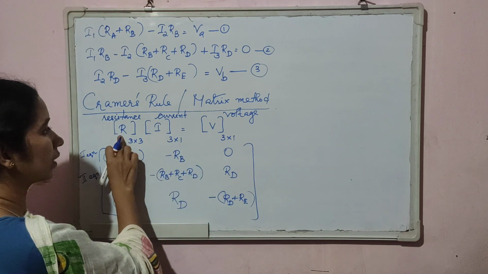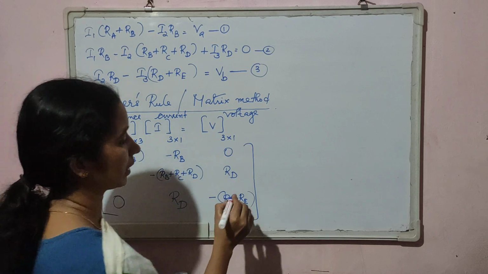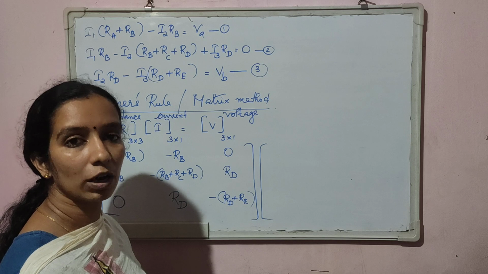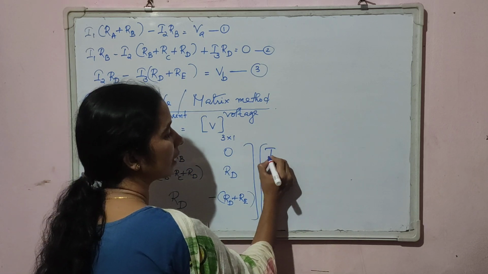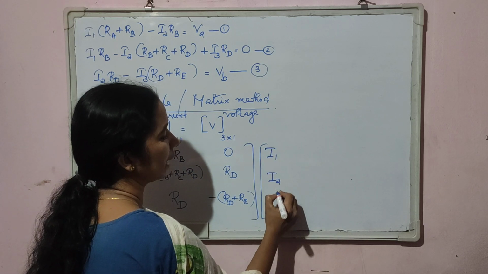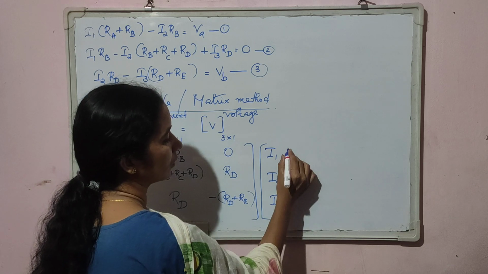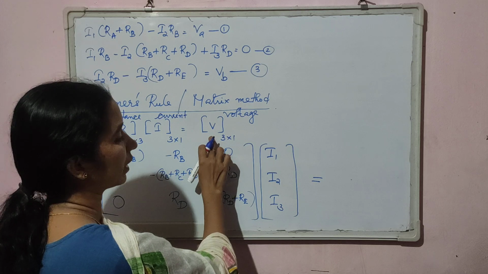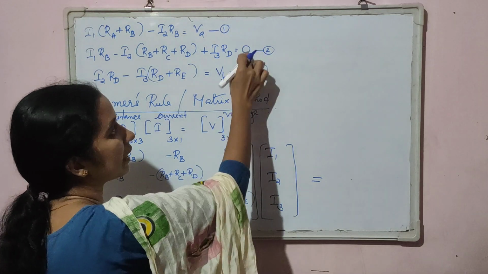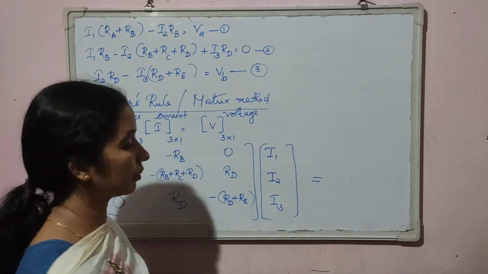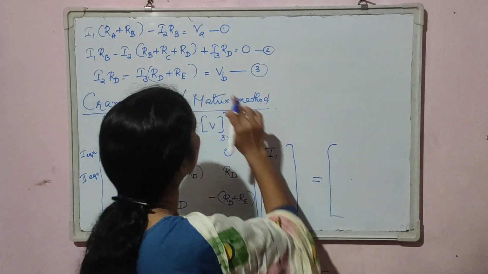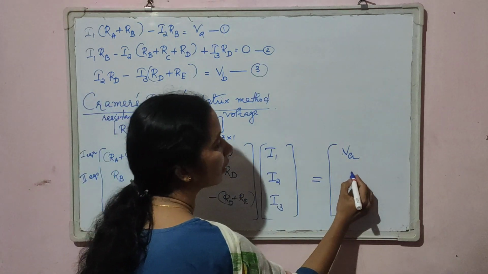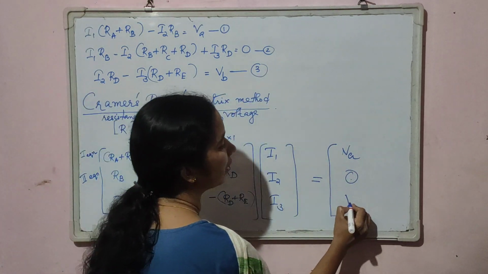And now the resistance matrix is multiplied by the current matrix, a 3 by 1 column matrix which contains the unknown currents I1, I2 and I3, which is equal to the voltage matrix. The constant voltages are on the right hand side: here it is VA, here it is 0, and here it is VB.